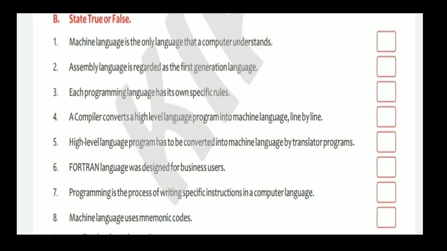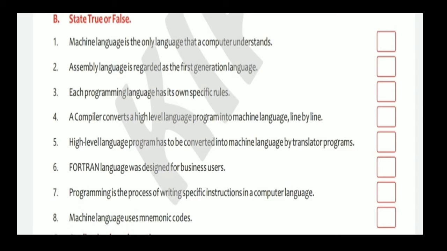So not compiler. So that is wrong. Fifth is: high-level language program has to be converted into machine language by translator program. So that is true. Sixth is: Fortran language was designed for business users. No students, that is wrong. Fortran is a very old language that is not designed for business, that is designed for formulas.